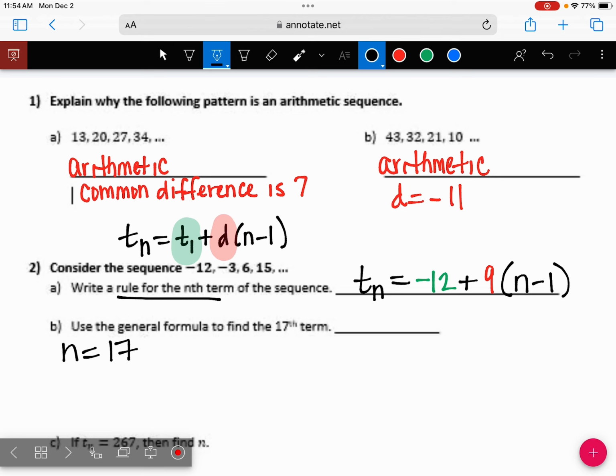That means n equals 17. We're going to use the rule that we just wrote in part A to find the 17th term. So T17, that stands for term 17, is going to equal negative 12 plus 9 parentheses 17 minus 1. Go ahead and type that in your calculator.